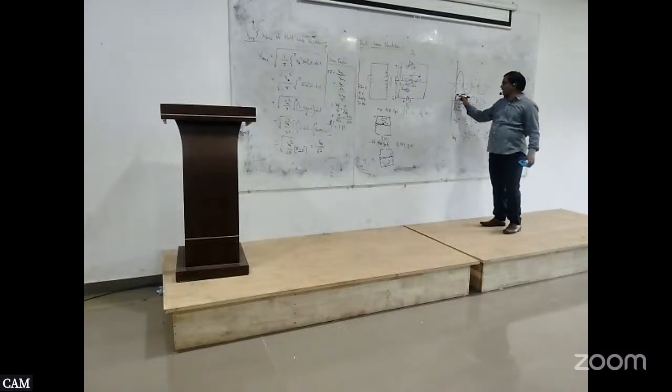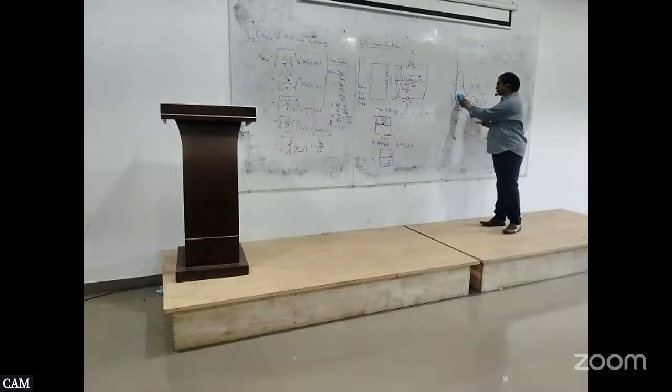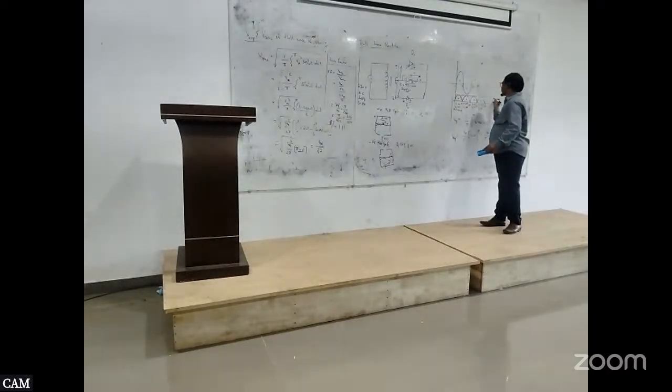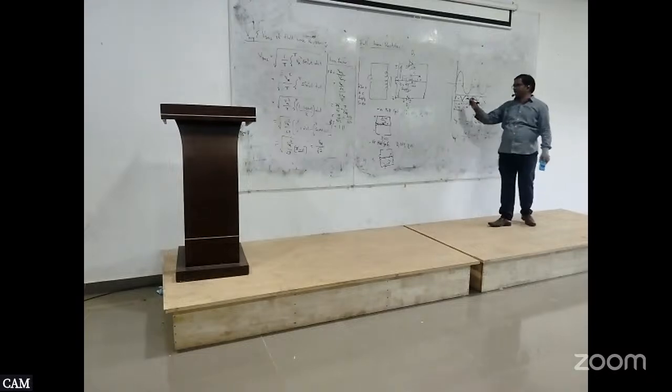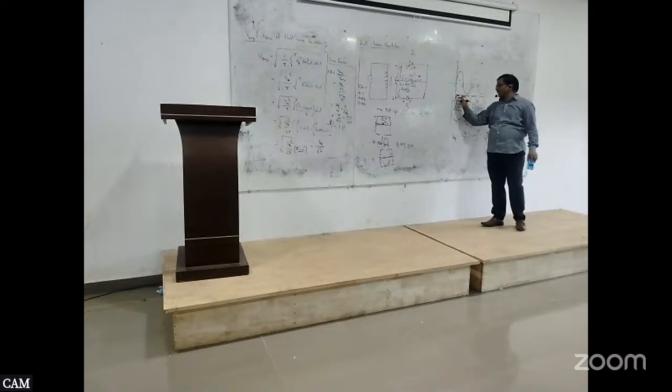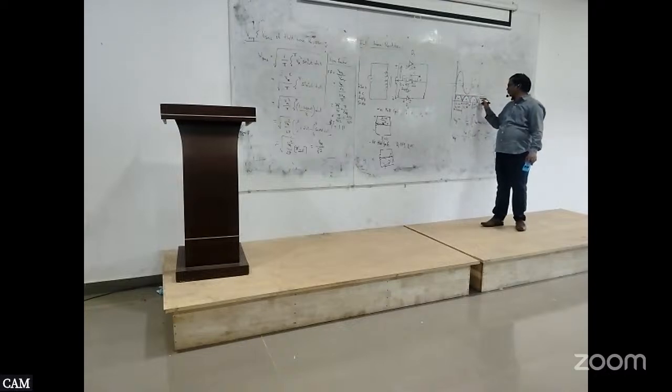So draw the straight line here. Actually DC means a straight line, but we are unable to get the DC. So this area is called ripples.